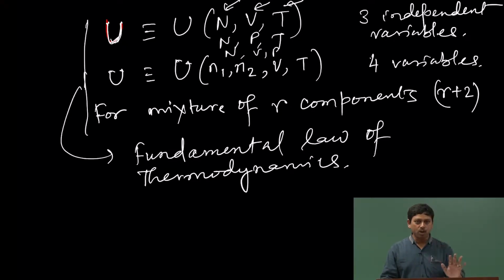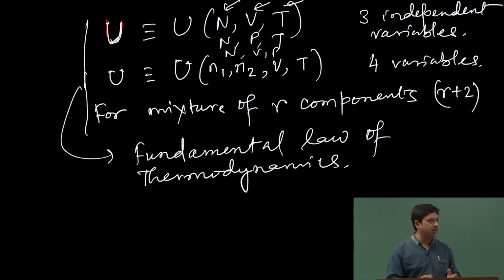However, we can say that for a one component system these are the variables on which it will depend, and it does not matter how we arrive at that value. It does not matter which path we take in coming from one state to that particular state. We define the state by n, V and T, these independent variables. Just like, for example, in phase space we define position and momentum, and that defines the system if we define position and momentum of all the particles.